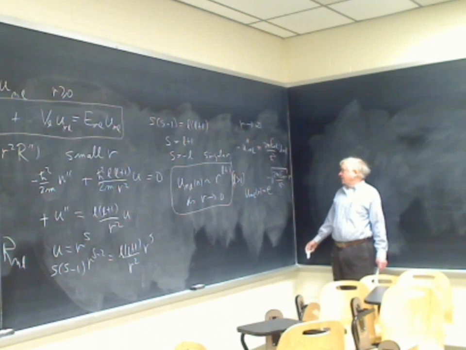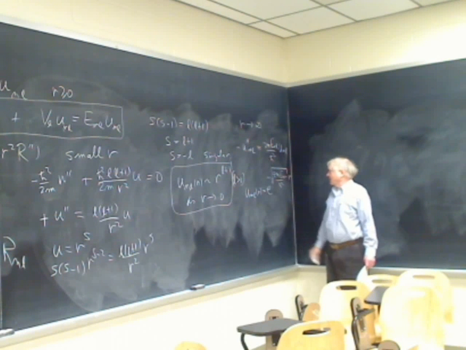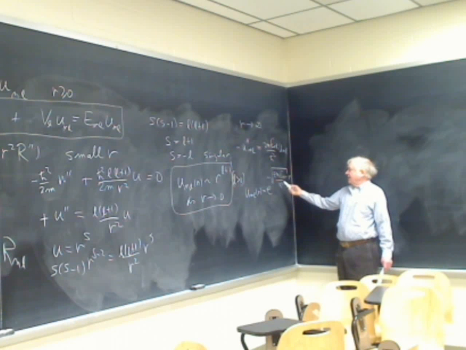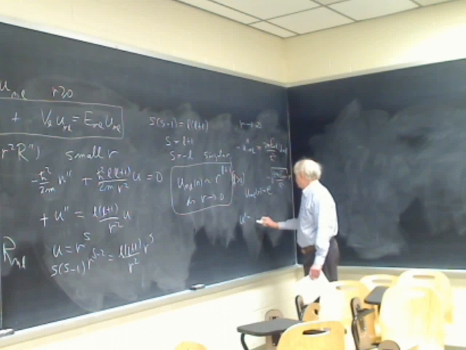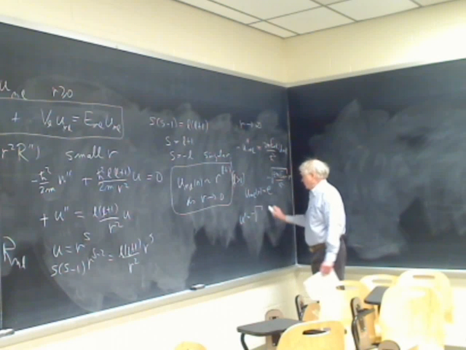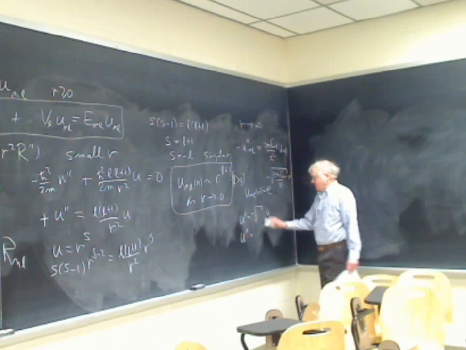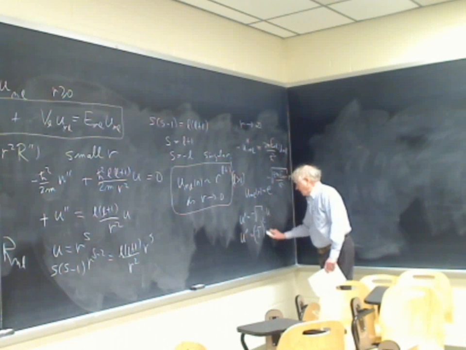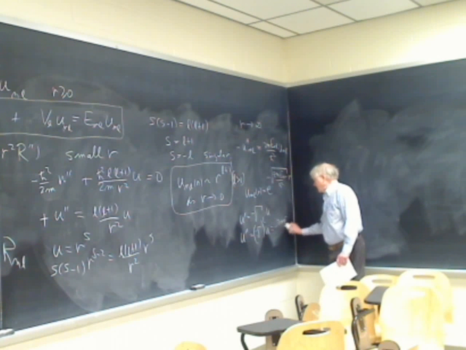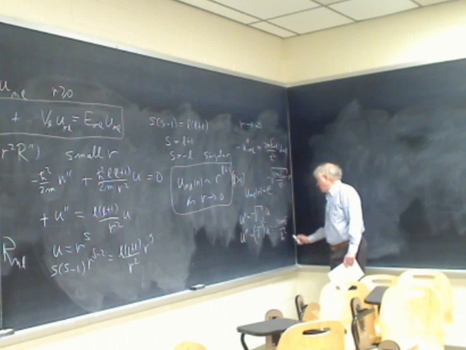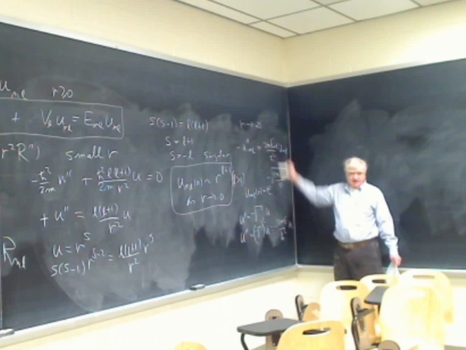U prime is minus the square root times u. U double prime is minus the square root squared times u, which is minus 2m E over h bar squared times u. So that satisfies this equation. It just has a minus sign on the opposite side.